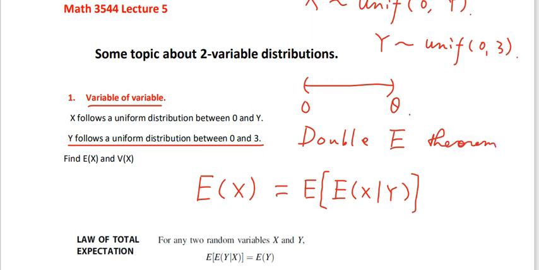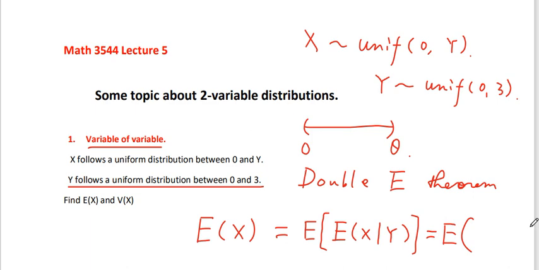So this just makes sense. If we want to find x, we have to fix this y first, right? Then let the y change. So for fixed y, what is x? x is uniform between 0 and y.